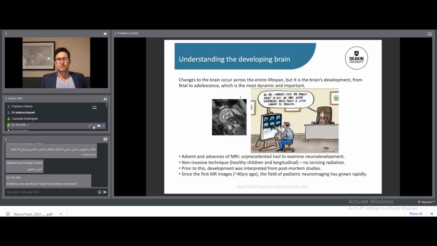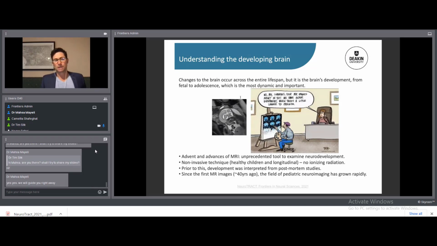And so it was very difficult to use that, particularly in healthy children, as well as when you're trying to do longitudinal data to look at how the brain develops. And so prior to that, what was really known about brain development was done from post-mortem studies, which, for children and adolescents, would be few and far between. And you could argue how much it was normal development if they were post-mortem at that age.